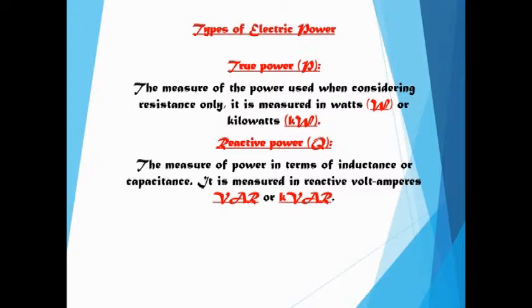So the other two elements that we had in the circuit, inductance or capacitance, they consume a different type of power, which we call reactive power. It's not the power that actually does something for you. Like, for instance, if you have a lamp, it's not the brightness of it.